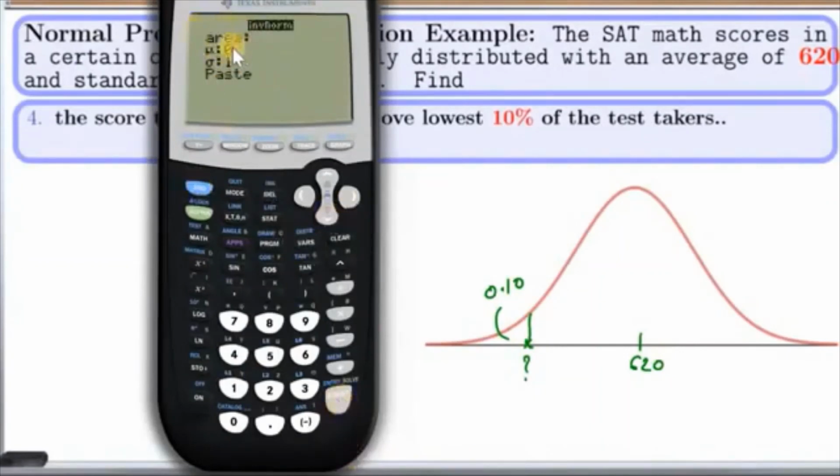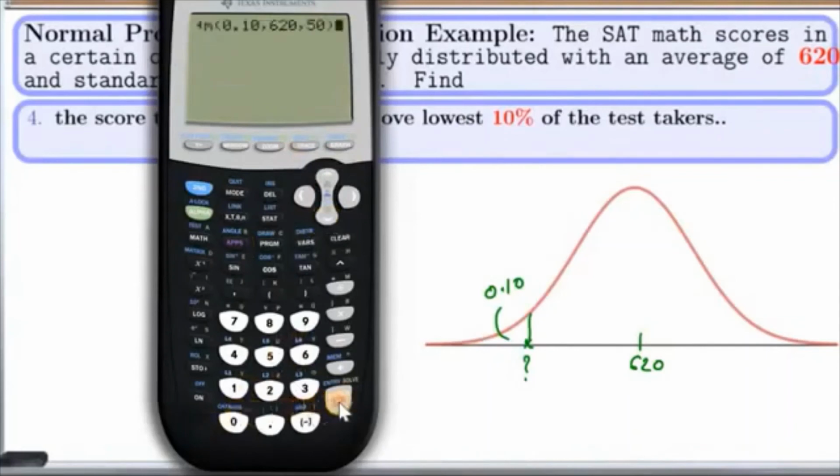So here we will need area, mean, and standard deviation. We know that it takes area to the left, and from this diagram here we know the area to the left is 0.10, so that's what we'll put in there, 0.10. Our mean is 620 and the standard deviation is 50.